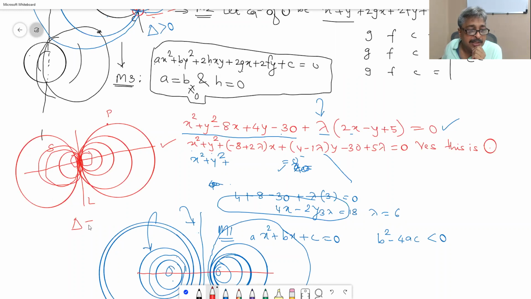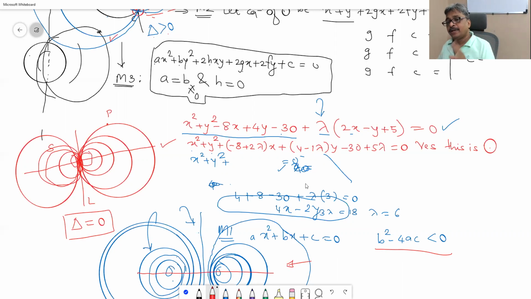This is delta equal to 0 when you solve the given line simultaneously with the circle. Delta greater than 0: two intersecting points. Solve line simultaneously with circle, the quadratic equation has delta greater than 0, and its geometry is going to look like this. And if delta is less than 0, the geometry is going to look like this. Doesn't matter. In every case, you will get the required circle.